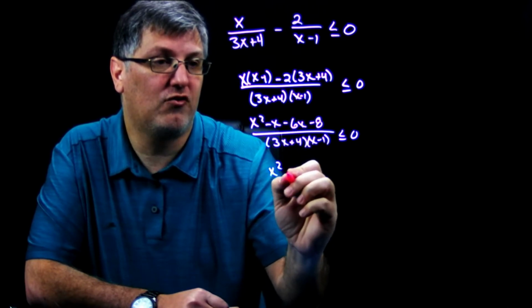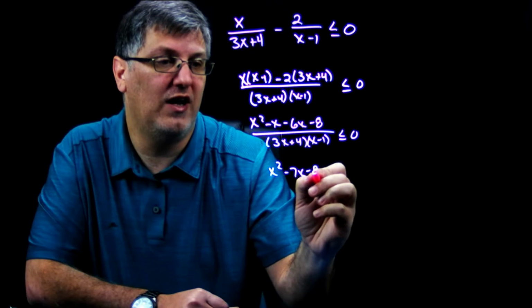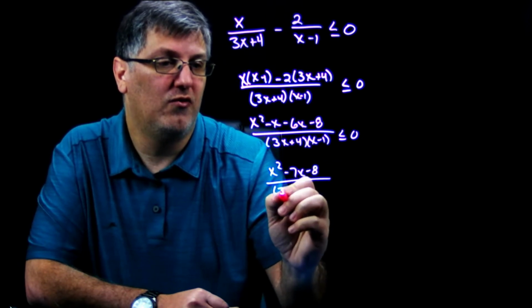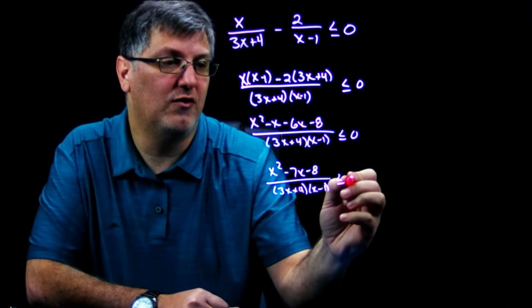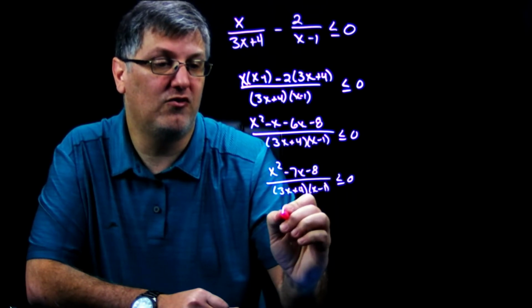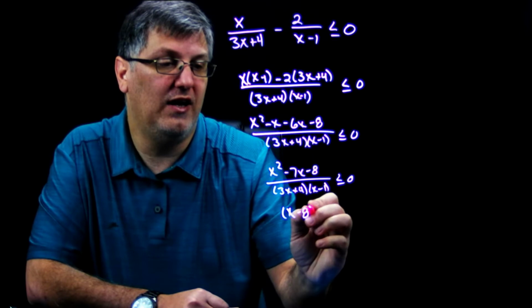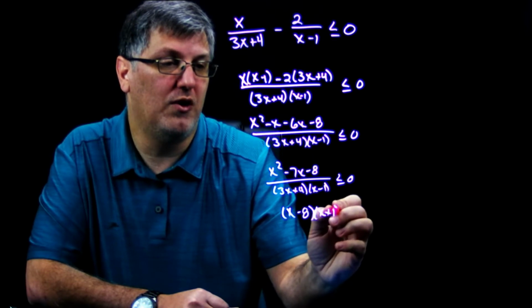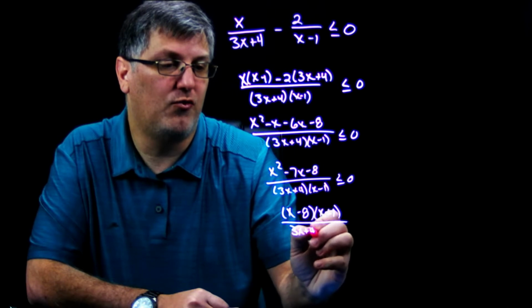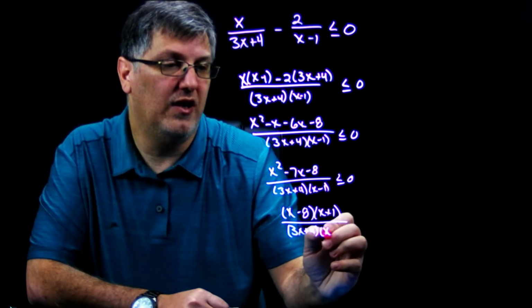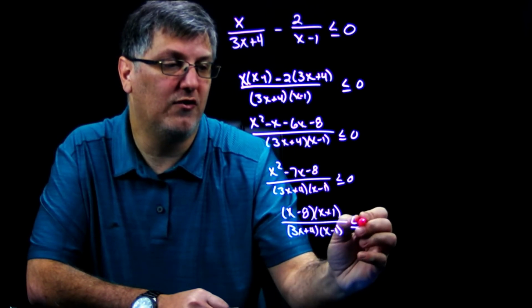I've got x squared minus 7x minus 8 over 3x plus 4, x minus 1, less than or equal to 0. The top factors to x minus 8, x plus 1, all over 3x plus 4 and x minus 1. This has to be less than or equal to 0.